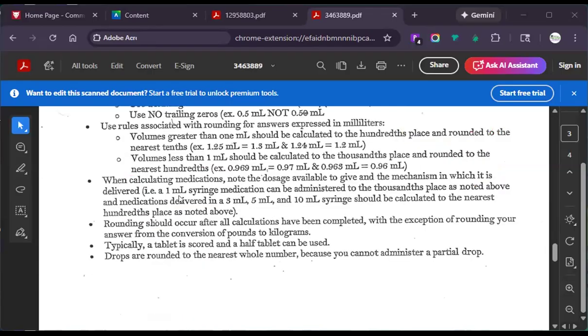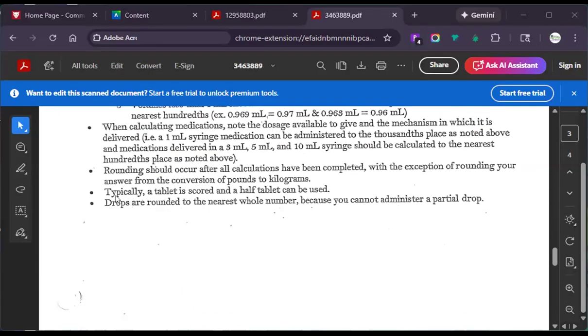All right. You don't need to worry about drops yet. You do need to worry about tablets. Tablets can be scored, meaning you can give somebody a half tablet. So if the administration comes out to where you would give somebody half a tablet, you can give them half a tablet. But if it's a capsule, you can't give them half a capsule.